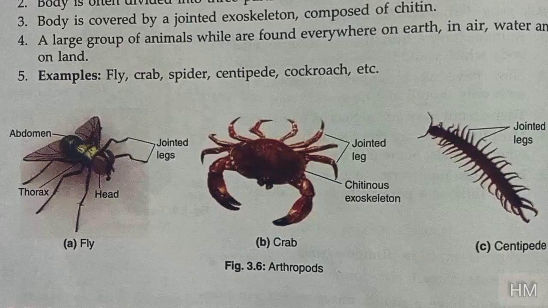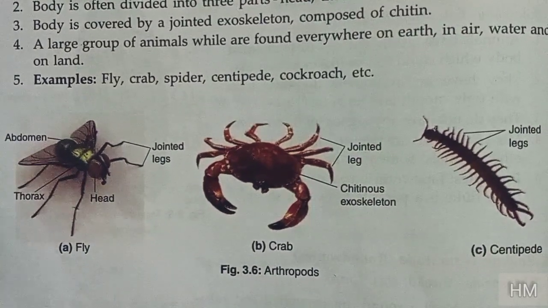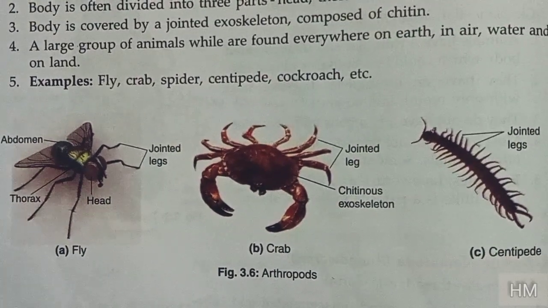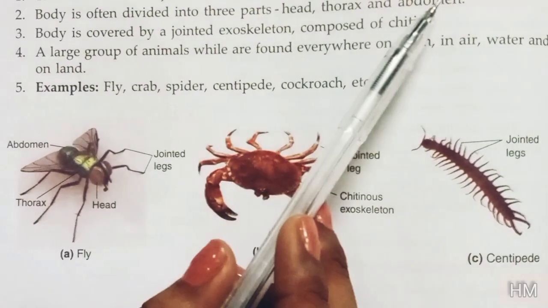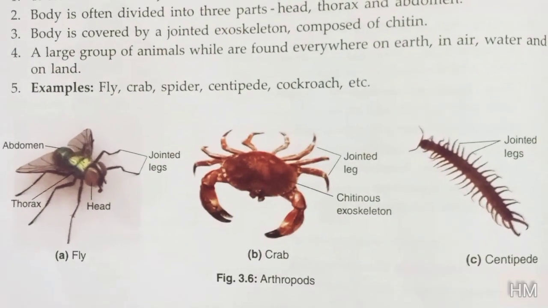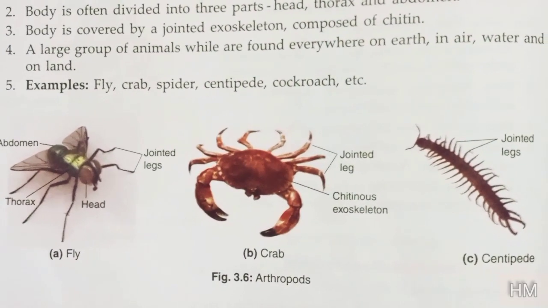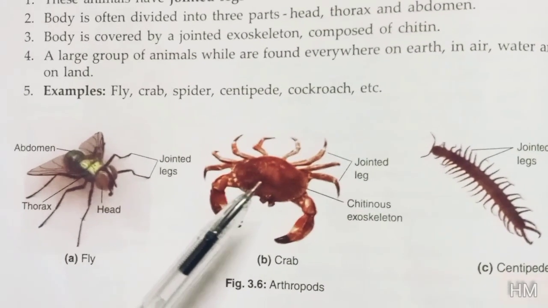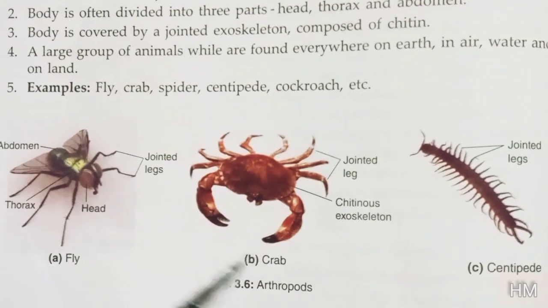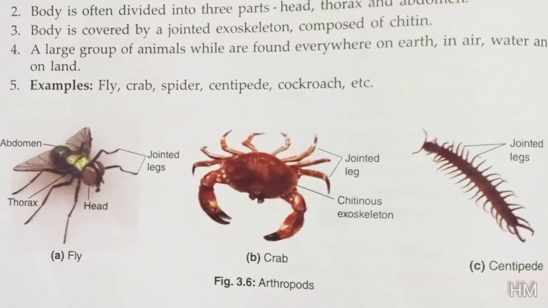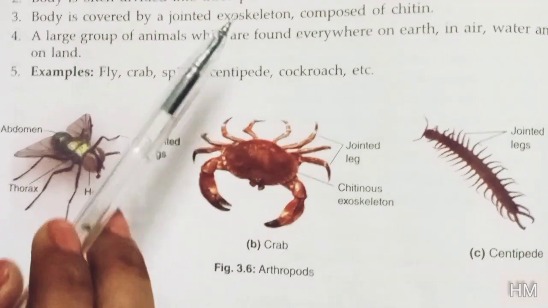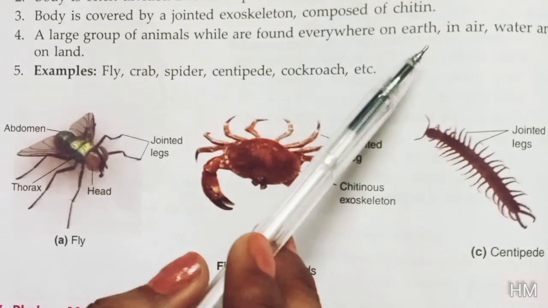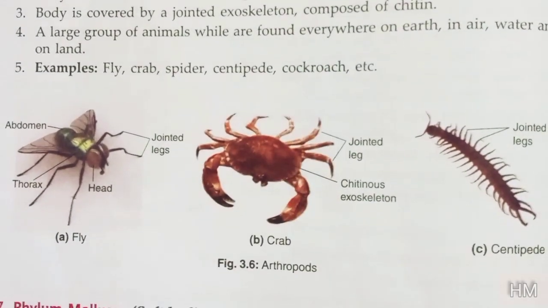You will distinguish these organisms as they have three parts in their body, that is head, thorax and abdomen. The body itself is covered by a jointed exoskeleton. If you observe crabs, flies, cockroaches, they all have an exoskeleton which is made up of a material called chitin.